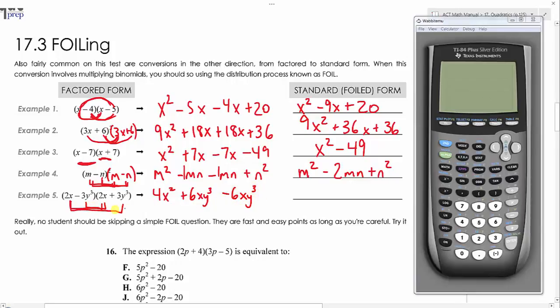And then the last terms are going to be negative 9y to the 6th. Don't make the mistake of doing y to the 9th. Remember, you add these exponents. You do not multiply them. These two are going to cancel out, and we end up with 4x squared minus 9y to the 6th. So yet again, another difference of squares.